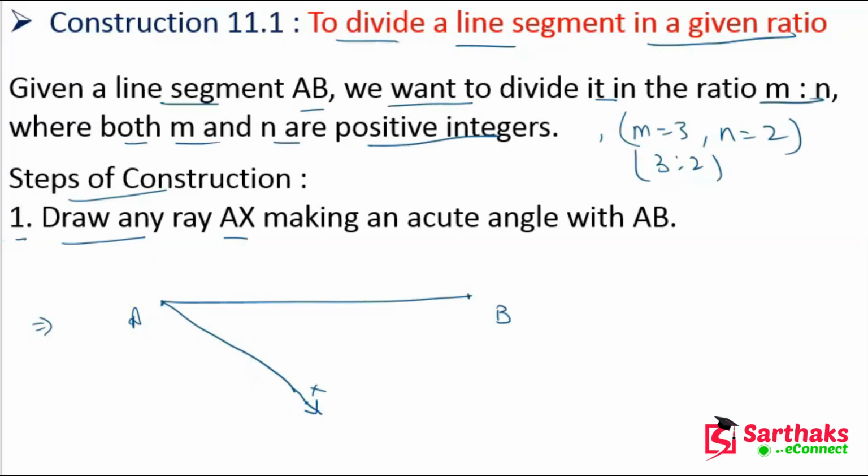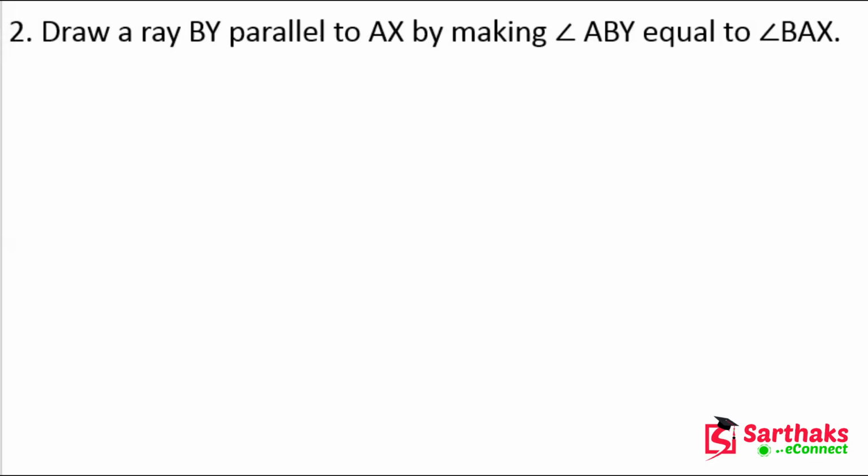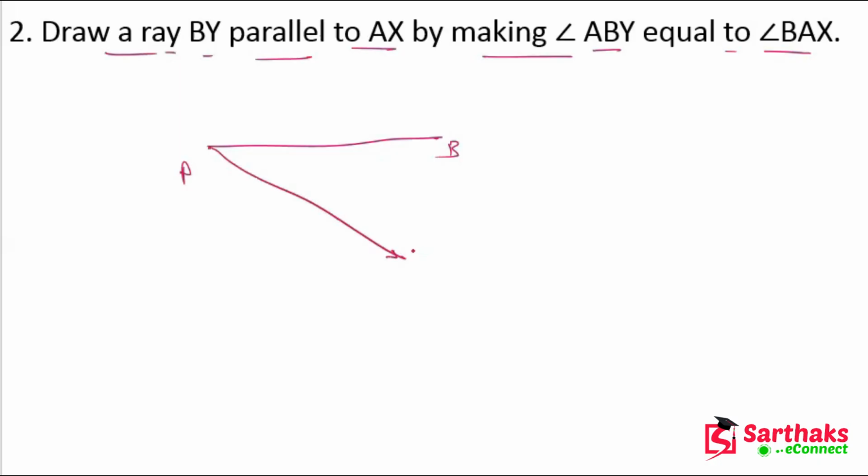Now the second step is to draw a ray BY parallel to AX, by making angle ABY equal to angle BAX. This is saying that we have AB, and this is our ray AX.